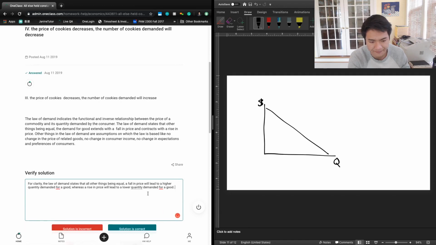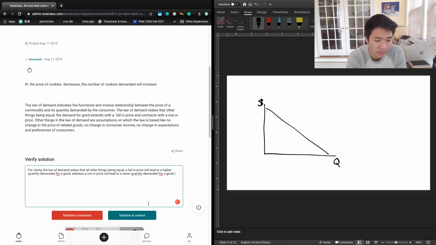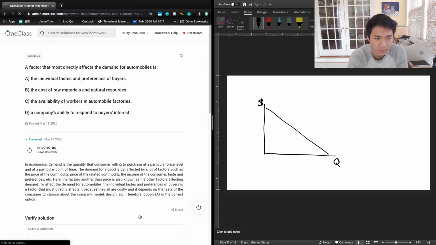And so that's going to be our clarified version of the law of demand. So other than that, this should be the right answer.